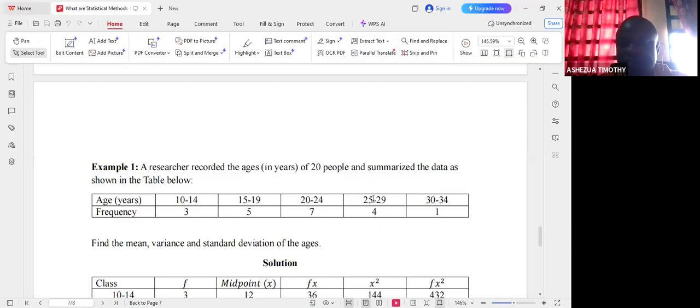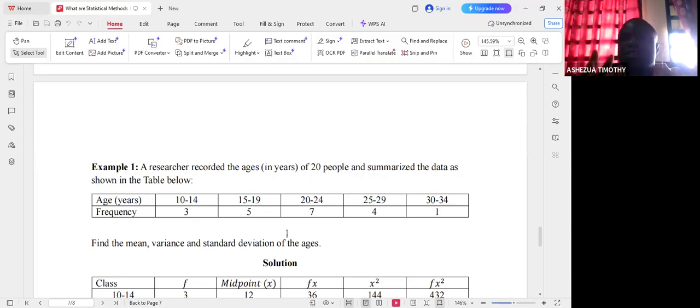Those between 25 to 29 years are 4. Those between 30 to 34 years are just 1 person. The question says, find the mean, variance, and standard deviation of the ages for this grouped data.